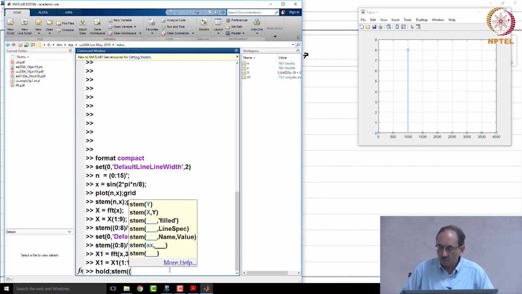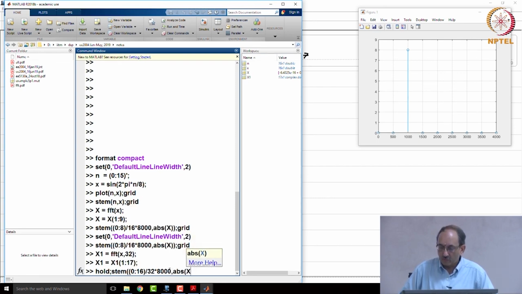So we are going to plot from 0 to 16 by 32, because N is 32, times fs, and now we have to plot the absolute value of the new 32-point transform, and then we will show it in a different color.